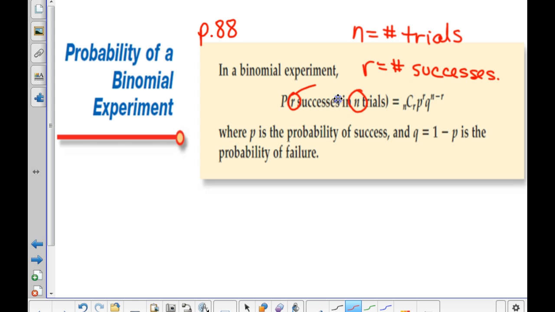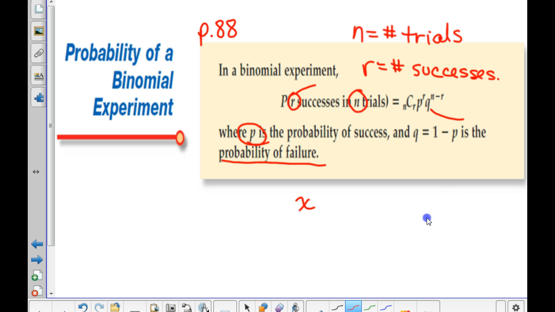Your calculator is going to use X for that. So we're going to have a combination, and then P is the probability of success, and Q is the probability of failure, because it's 1 minus P.